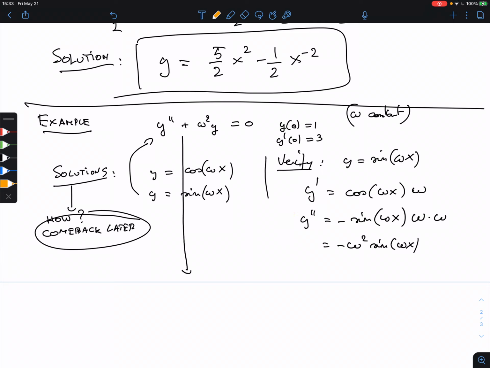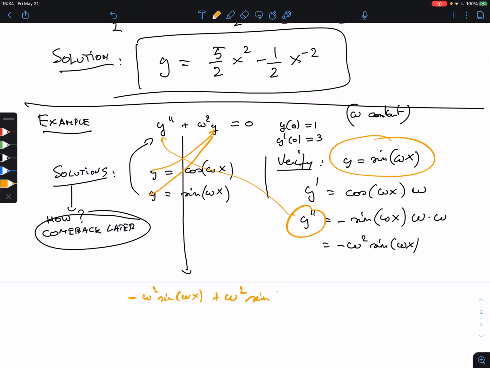So what we get is minus omega squared sine omega x plus omega squared times y, and y was just sine omega x. And we see that this cancels.